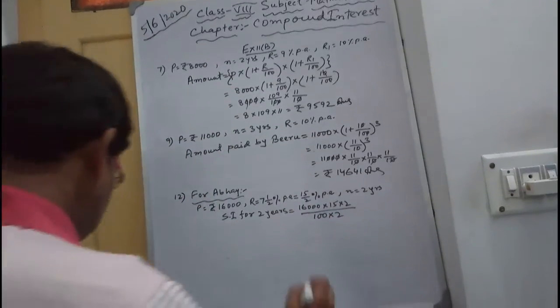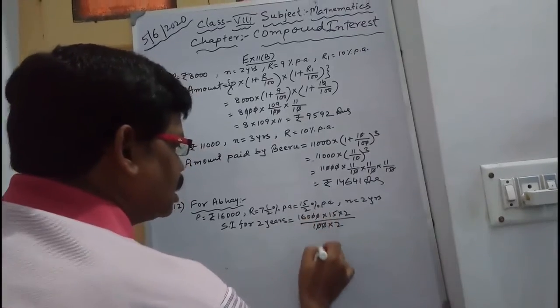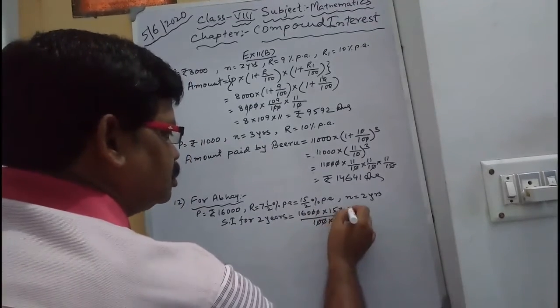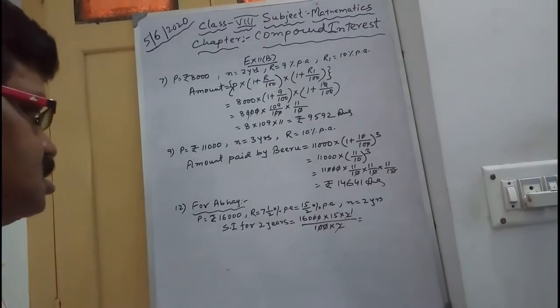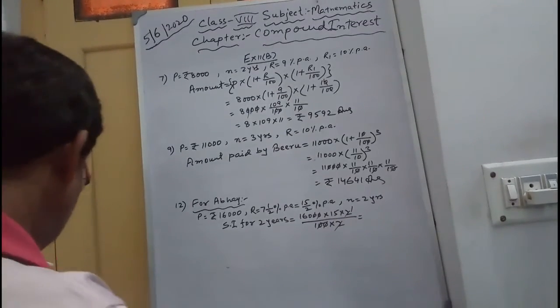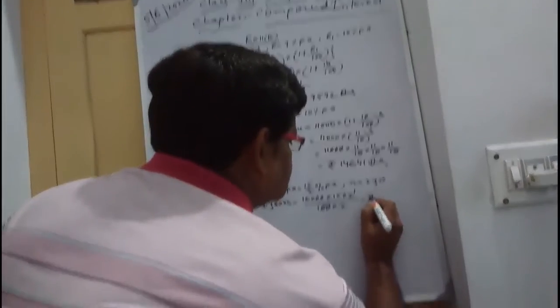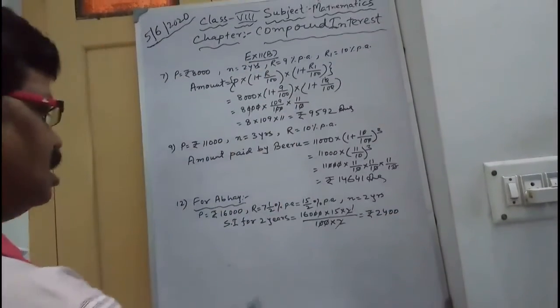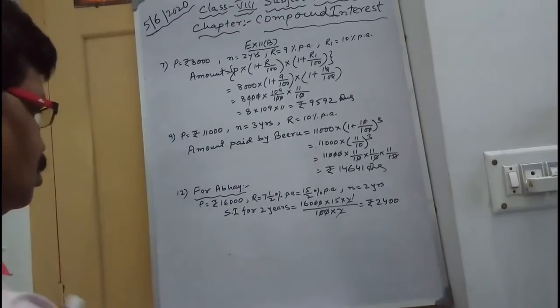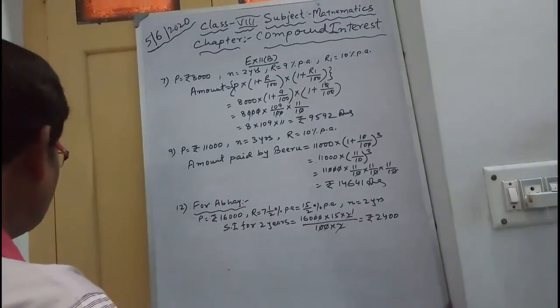Now reduce it. 0 0 cancel. This 2 divided by 2 remains 1. So multiply 16 with 15 with 1, that is equal to rupees 2400. So simple interest for 2 years is rupees 2400.